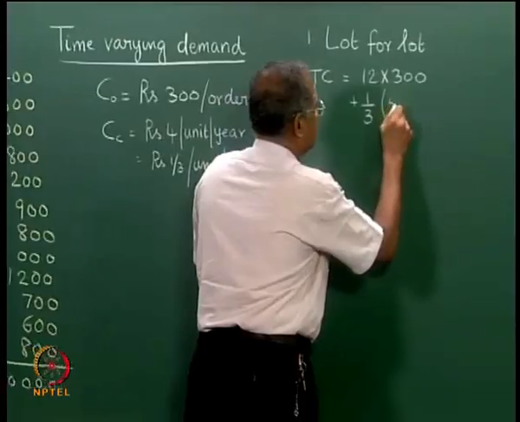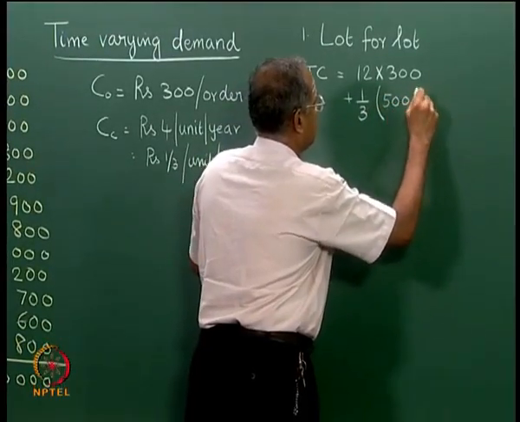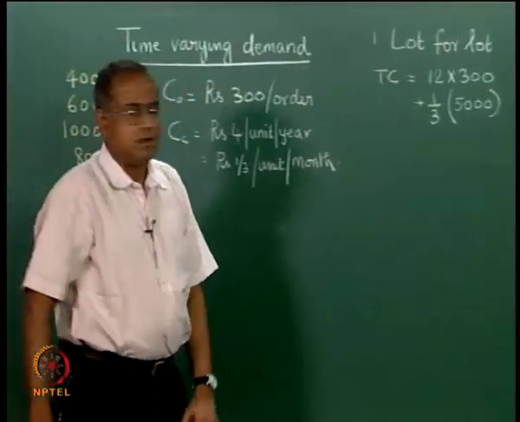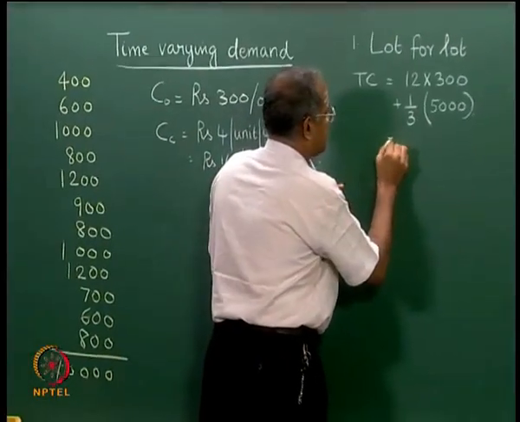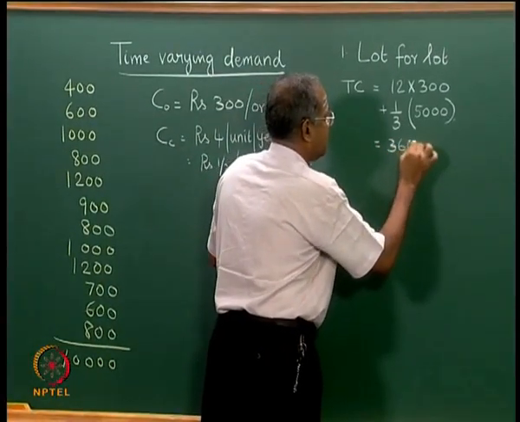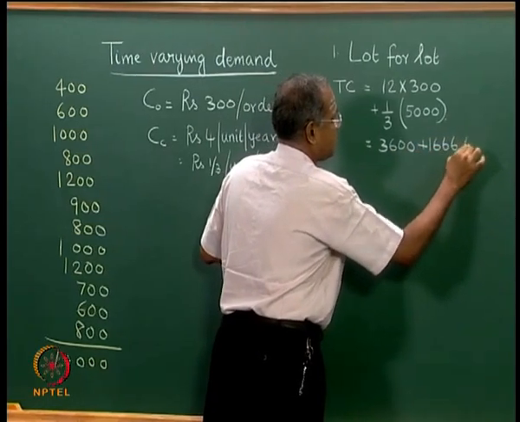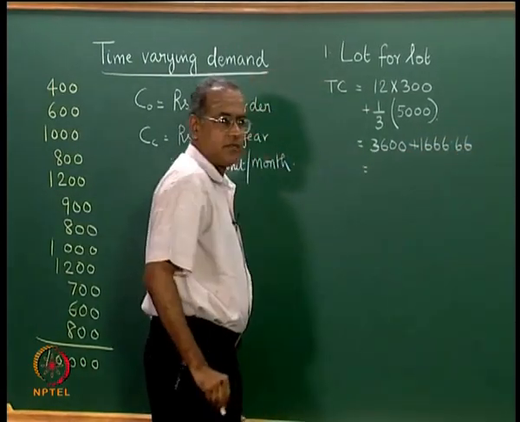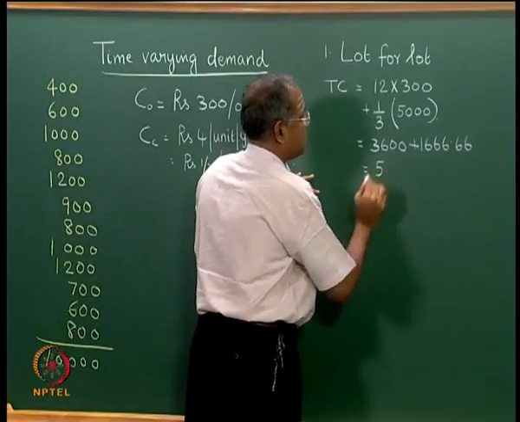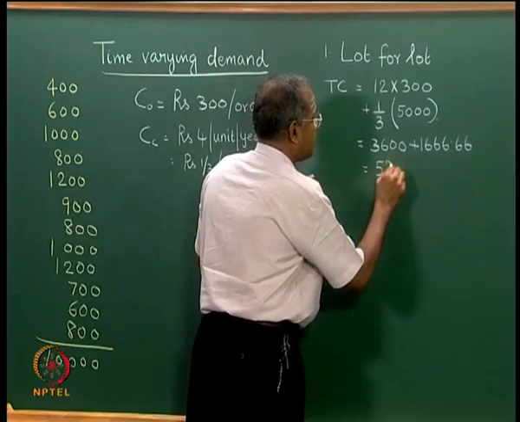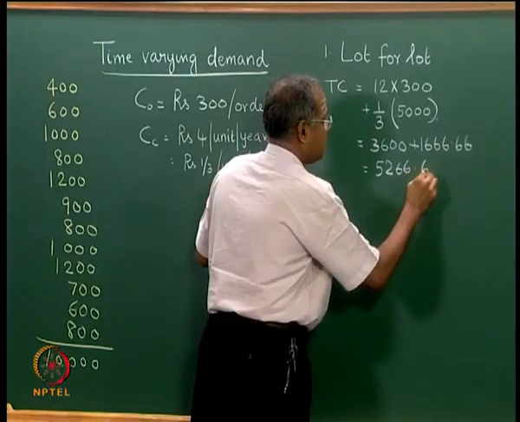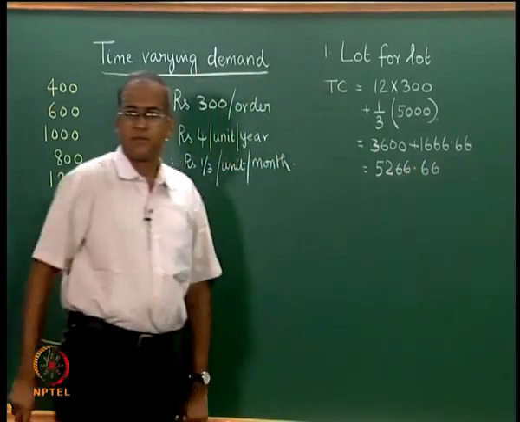So, 1 by 3 into 5,000. This would give us a total cost of 3,600 plus 1,666.66, which gives 5,266.66.